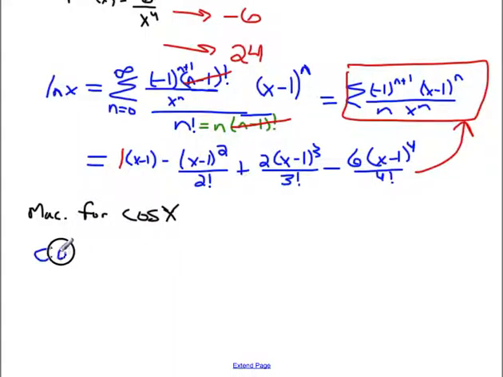So do you agree that the cosine of x is equal to the derivative of the sine of x? Is that true? I think it is. So in other words, can't you just take the Maclaurin series that you already know for the sine of x and take the derivative of it term by term?